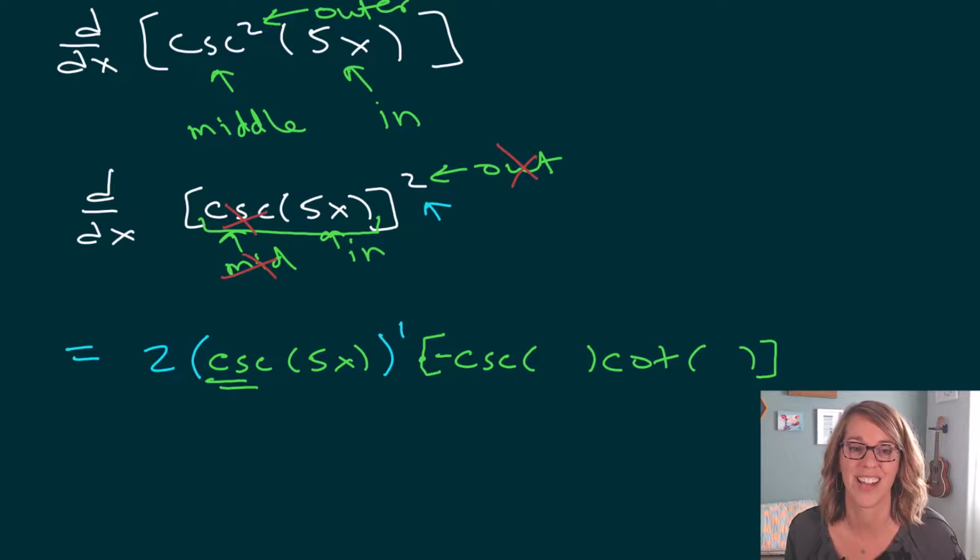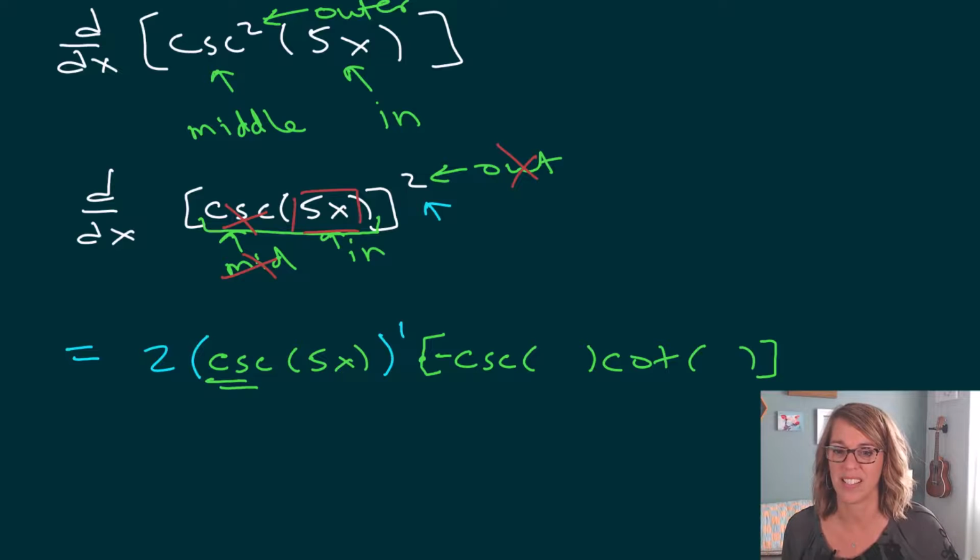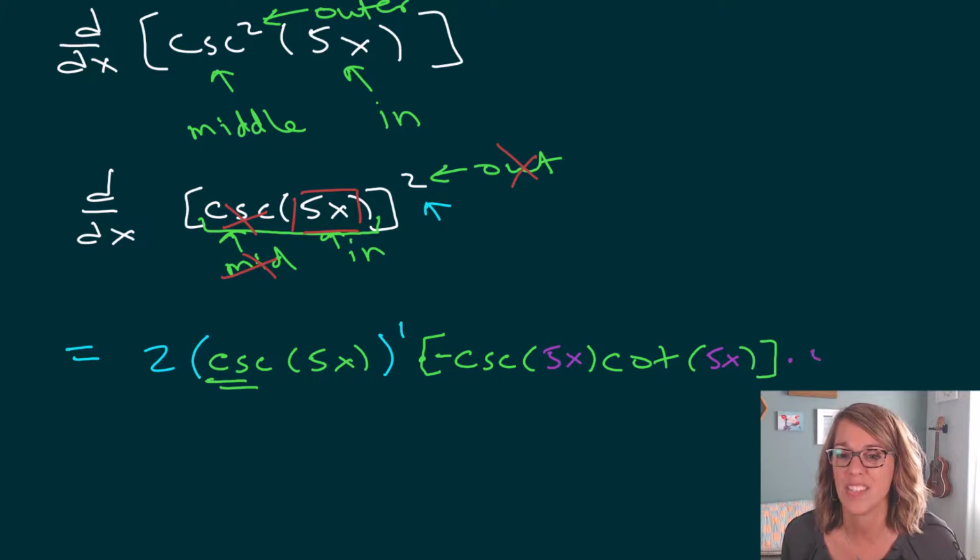I can actually cross that out. And this is going to leave me with my 5x. Let's put 5x in here as a different color. So this is going to be my 5x here and my 5x here. Finally, my last chain is to multiply on the derivative of 5x, and its derivative is just 5.